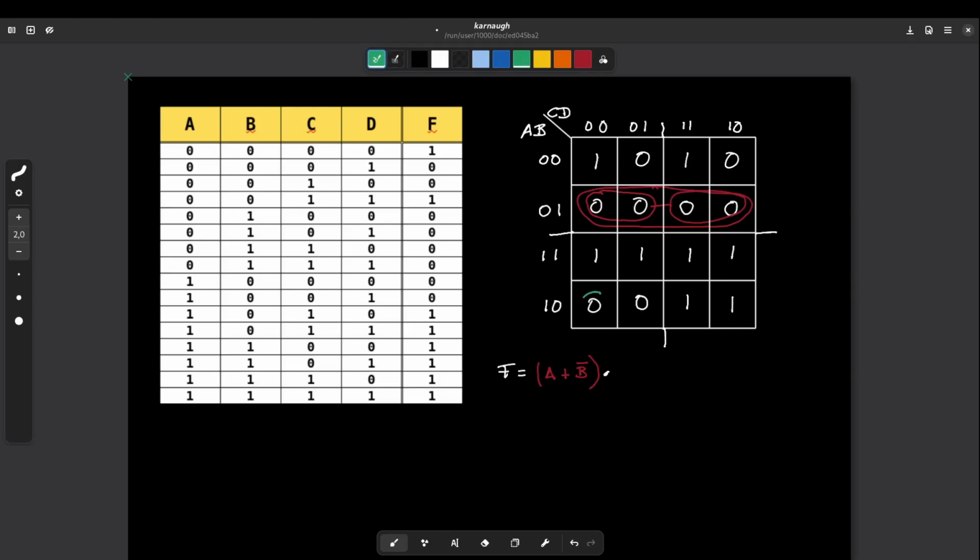I can group this with this because they are logically adjacent.